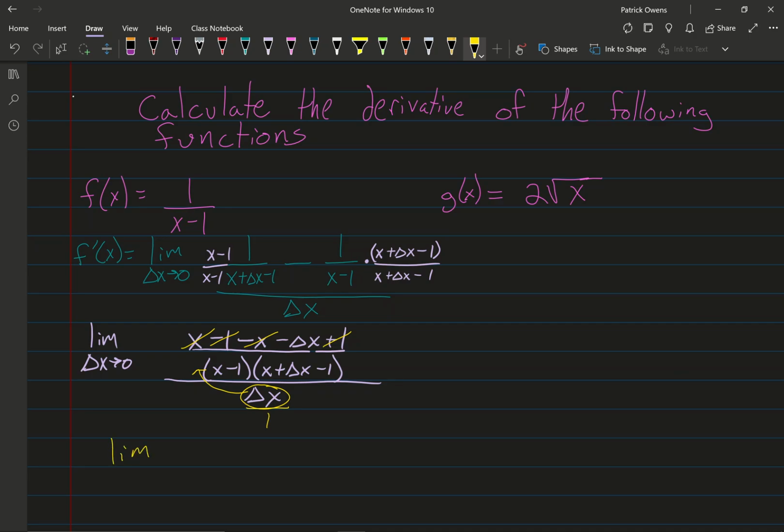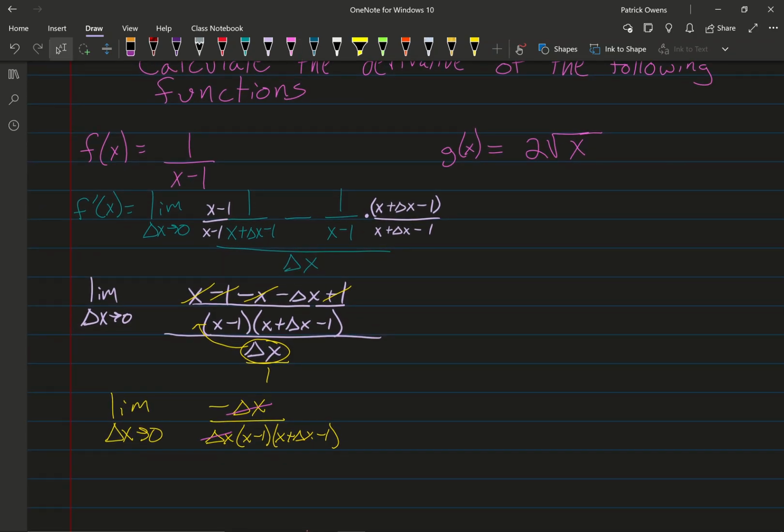We still have our limit as delta x approaches 0. And our numerator is negative delta x. Our denominator is delta x times x minus 1 times x plus delta x minus 1. We can now factor out a delta x. And after we have factored out that delta x, which is a step that we will be doing no matter what type of function we're working with here, then we can evaluate the limit by substituting 0 in for delta x here.